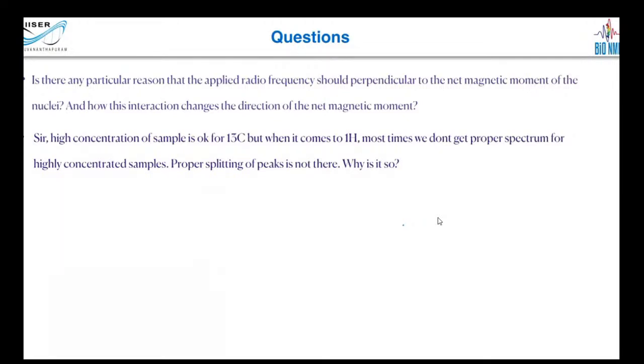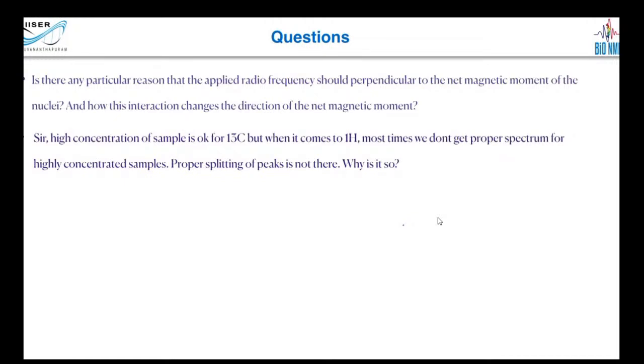If you are still working on small molecules, then it could be chemical exchange. Chemical exchange can broaden the signal because of the protons. I assume that the person is talking about hydrogen NMR. When you are measuring the NMR, the protons experience two chemical shifts.